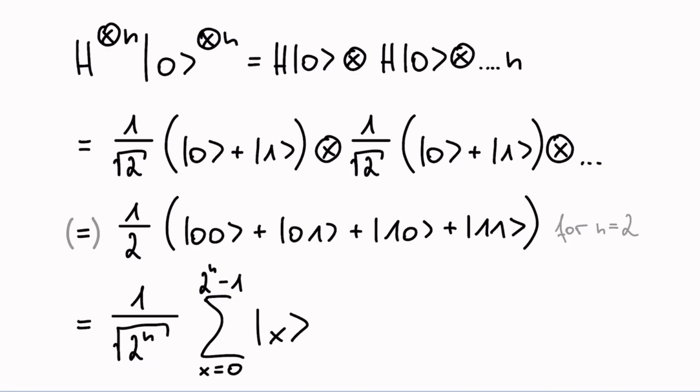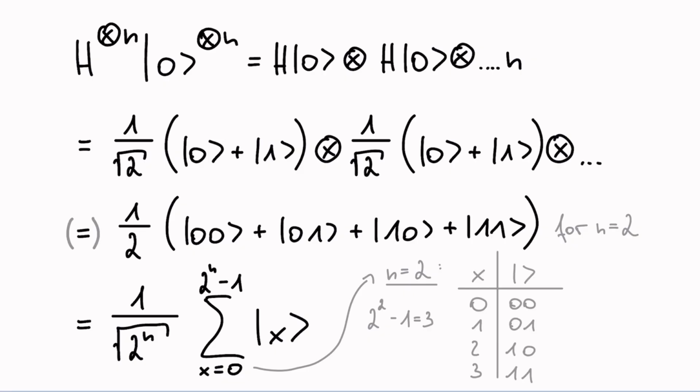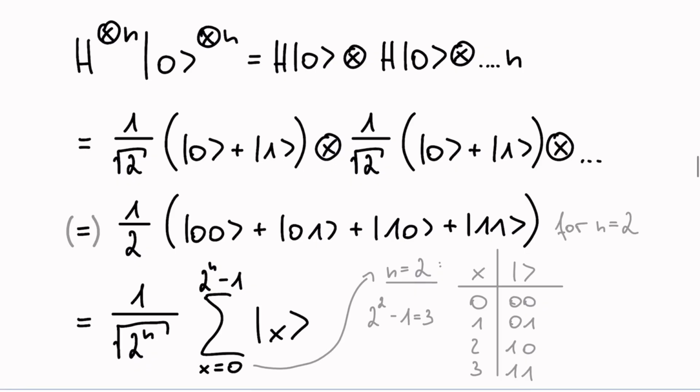If n equals 2, then 2 to the power of 2 is 4. So we sum from x equals 0 to x equals 3. And these values correspond to x equals 0, state |00⟩. x equals 1, state |01⟩. x equals 2, state |10⟩.